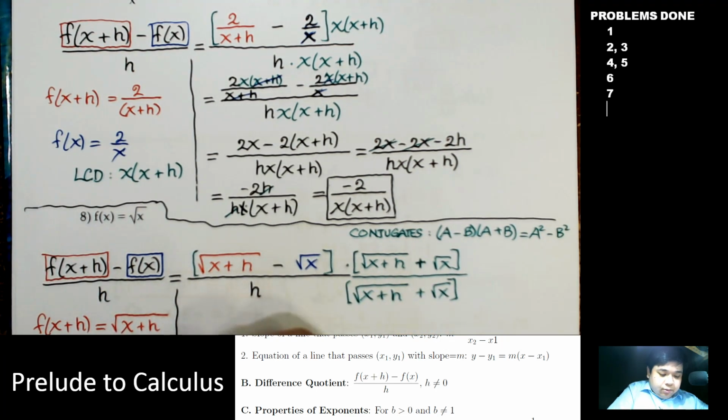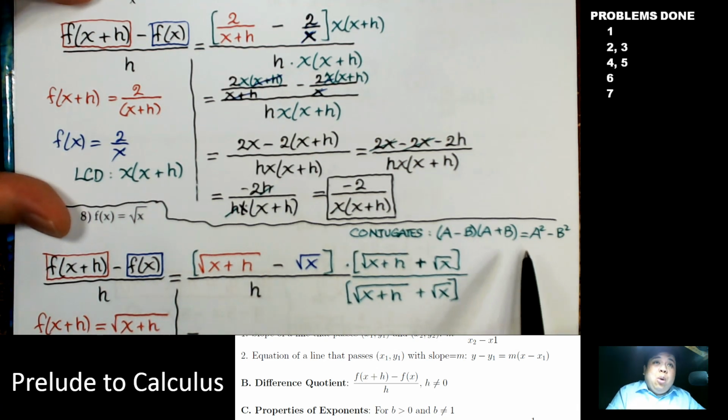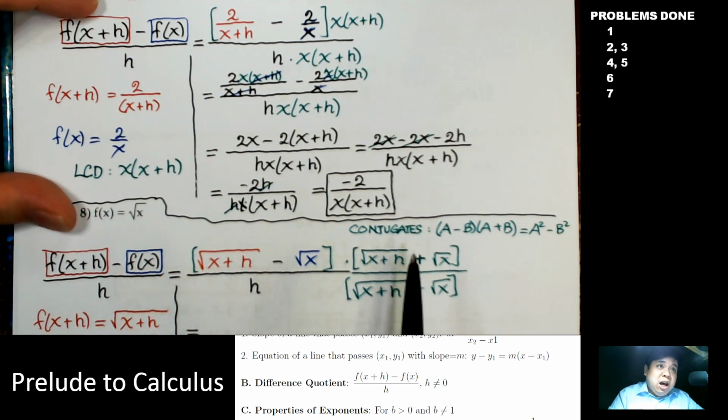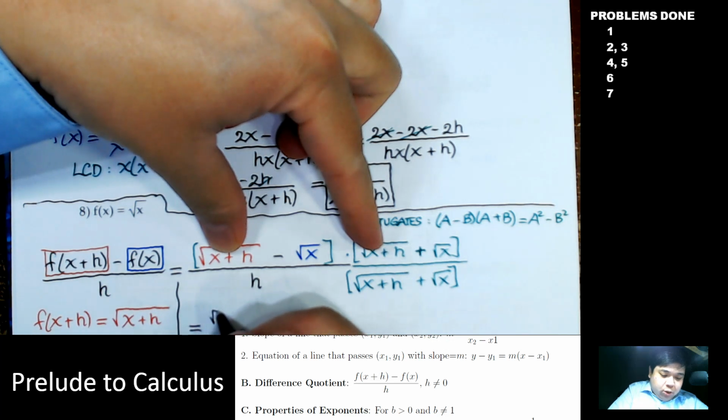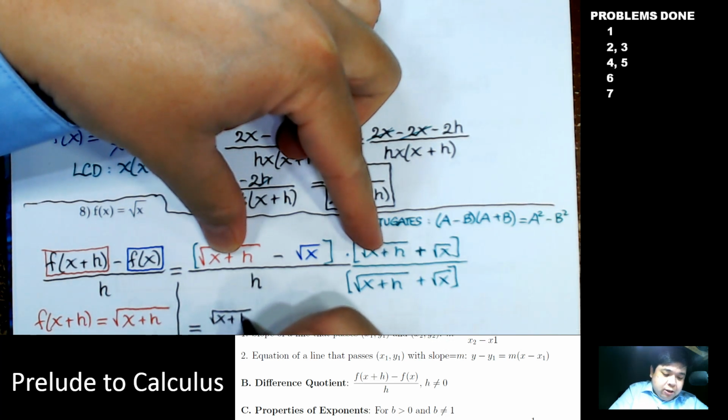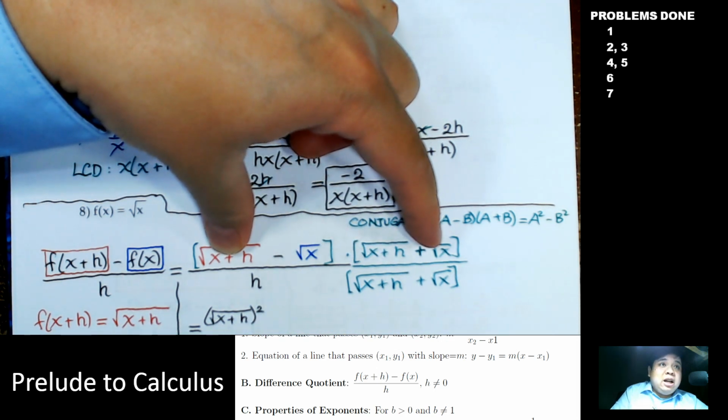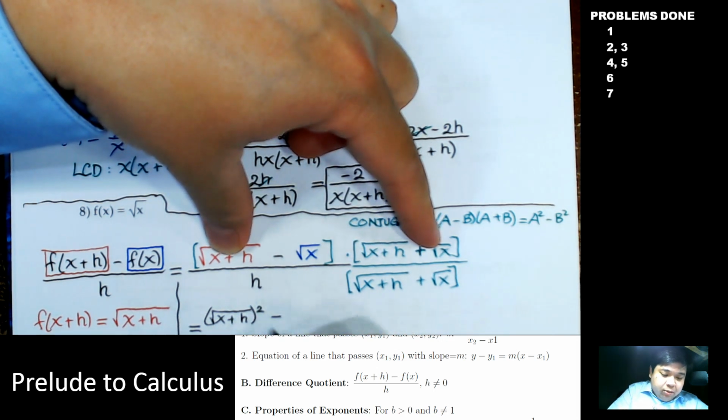Right. And then we multiply it out. We can use the formula, or we just multiply that manually. The square root times the square root, we have the square root with the square. Square root of x plus h times that will be plus.